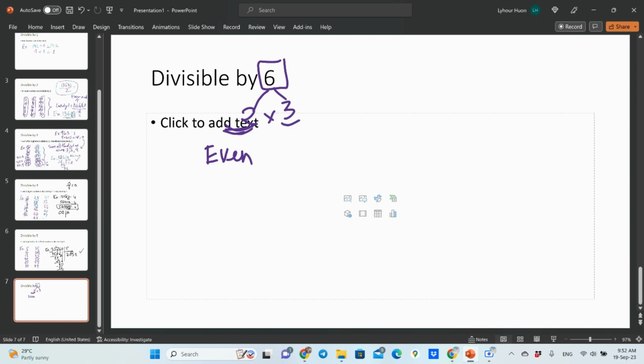How about the condition for divisibility by 3? It can be even numbers, but it's a mix of even and odd numbers.